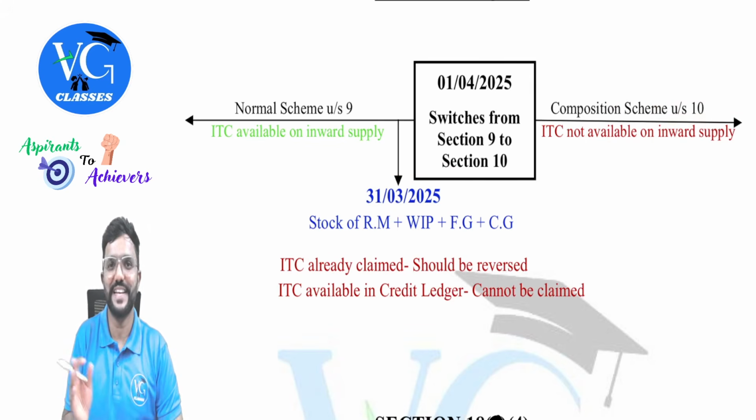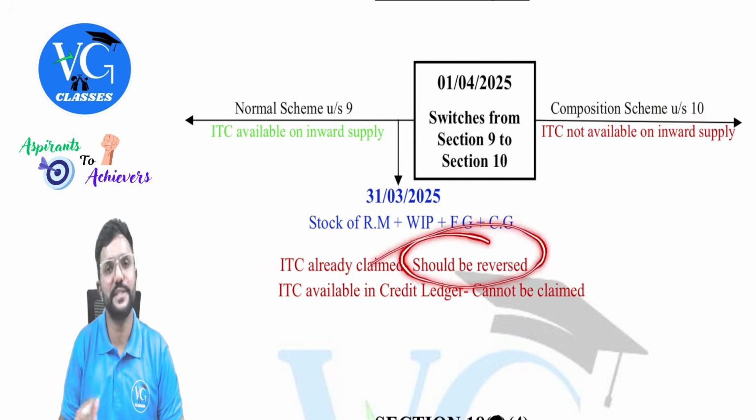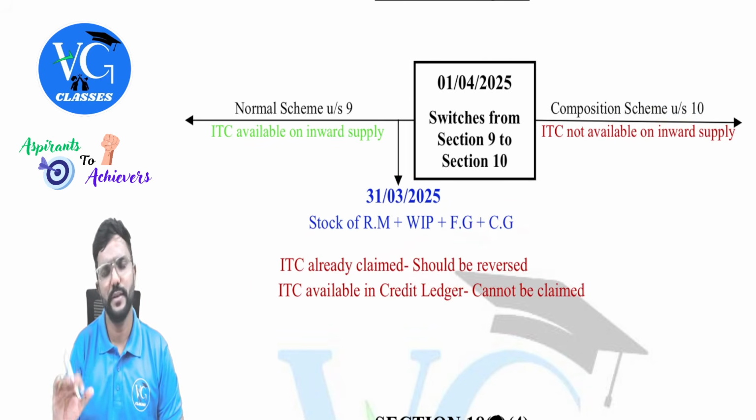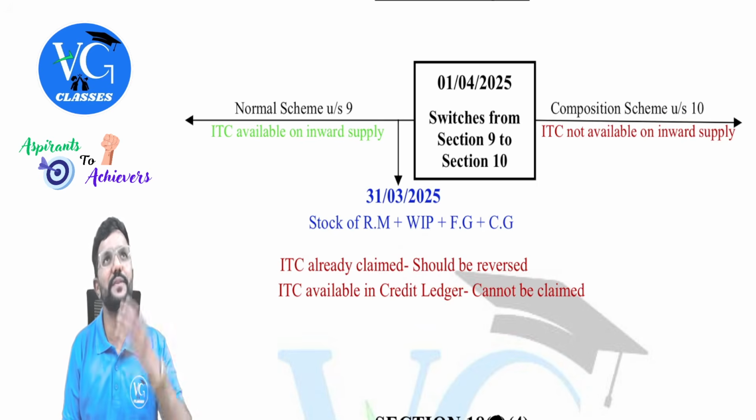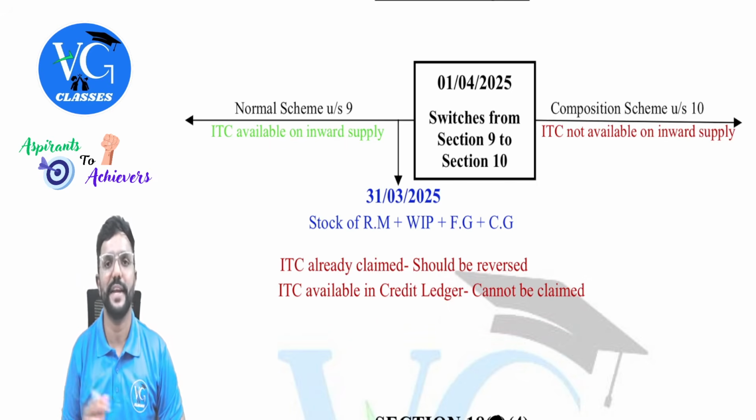So they are asking you to reverse it. If you have already claimed credit, please reverse it, means you have to pay it. No interest. You need to just pay the ITC, whatever you already claimed. No, sir, ITC was lying in my electronic credit ledger, I was planning to claim credit. Forget that. You cannot claim credit. Is that clear?